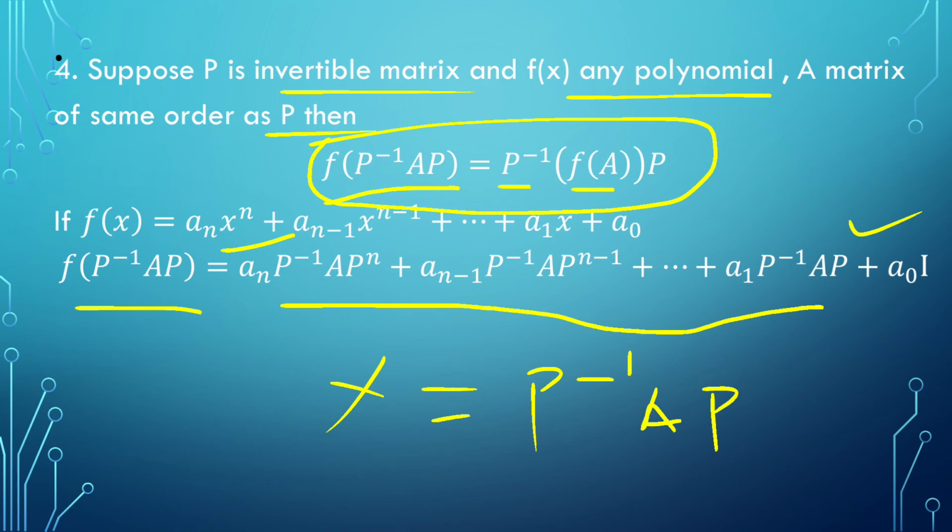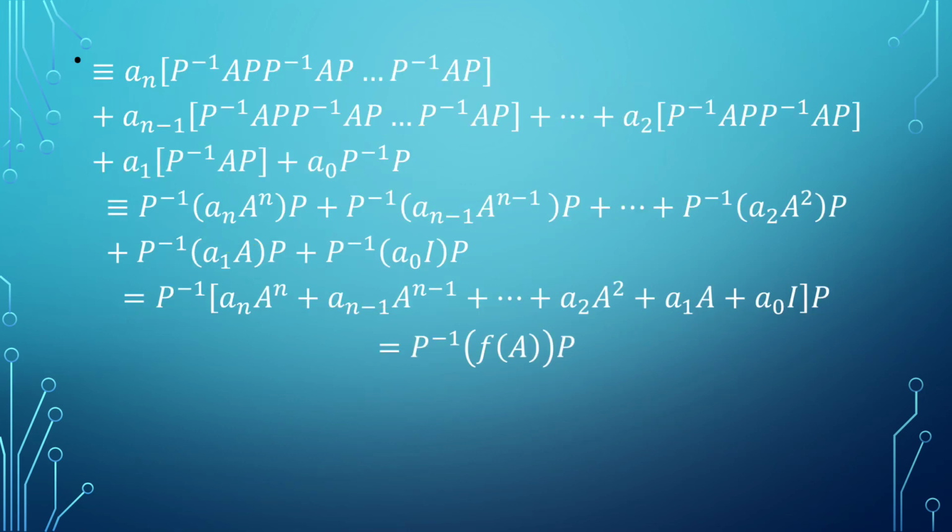Now next, we group. It will be composed of that, because these are P inverse AP repeated n times, to the power n. The same case for this is to the power n minus 1.